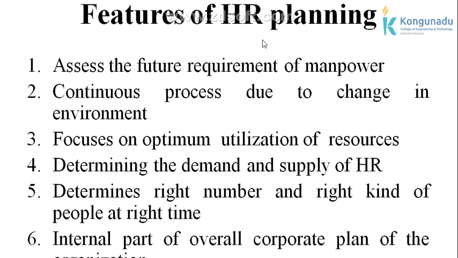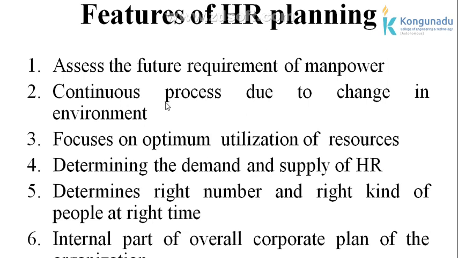Next, let us see the features of human resource planning. Characteristics of effective human resource planning are as follows. First one is assessing the future requirement of manpower. In a particular organization, it helps in identifying the size and composition of resources for future purposes.